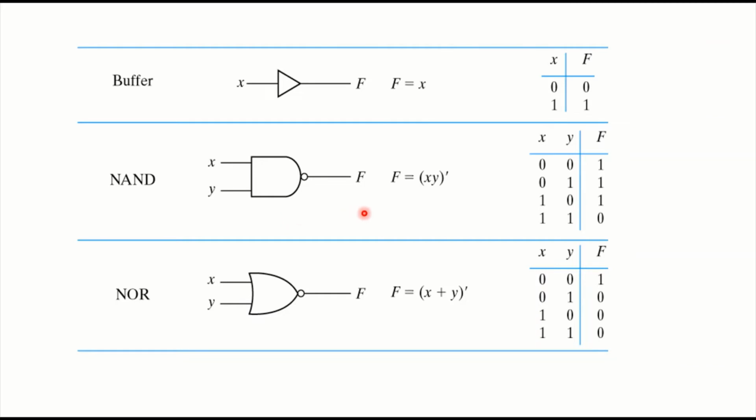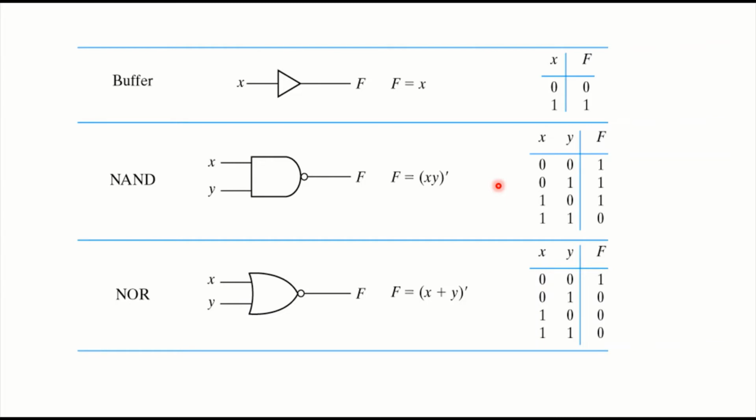We can also write the Boolean function. The Boolean function for the AND gate was f equal to xy. So NOT of AND gate will be bar of xy. We can also draw the truth table for this NAND gate. In the truth table for the AND gate, we had the condition that if both the inputs are 1, the output f will be equal to 1.